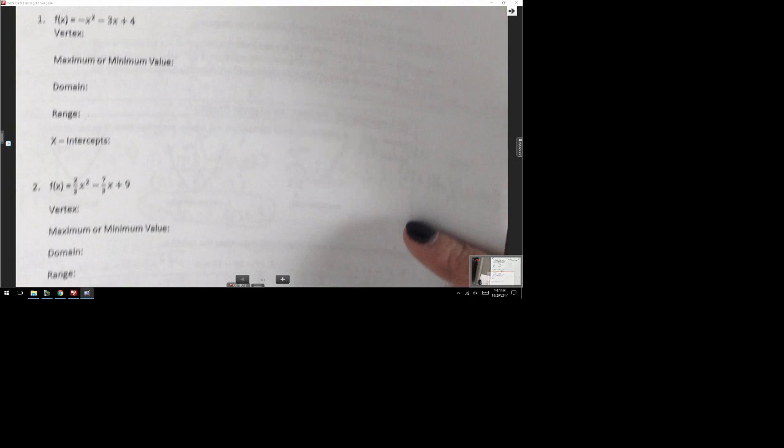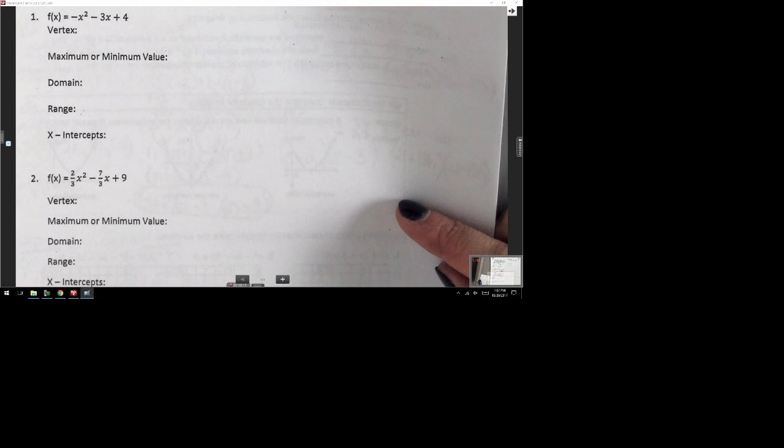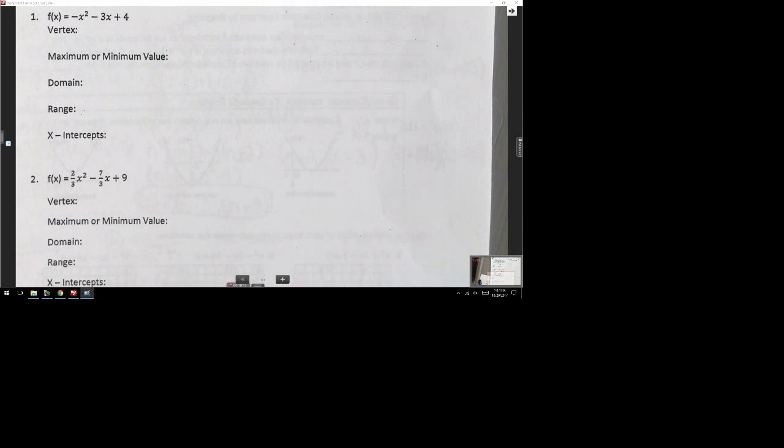It's the same questions, just about. Y'all with me? So, number 1, what do you think we should do first with that function, negative x squared minus 3x plus 4? It asked me for the vertex, but what do I need to do first?